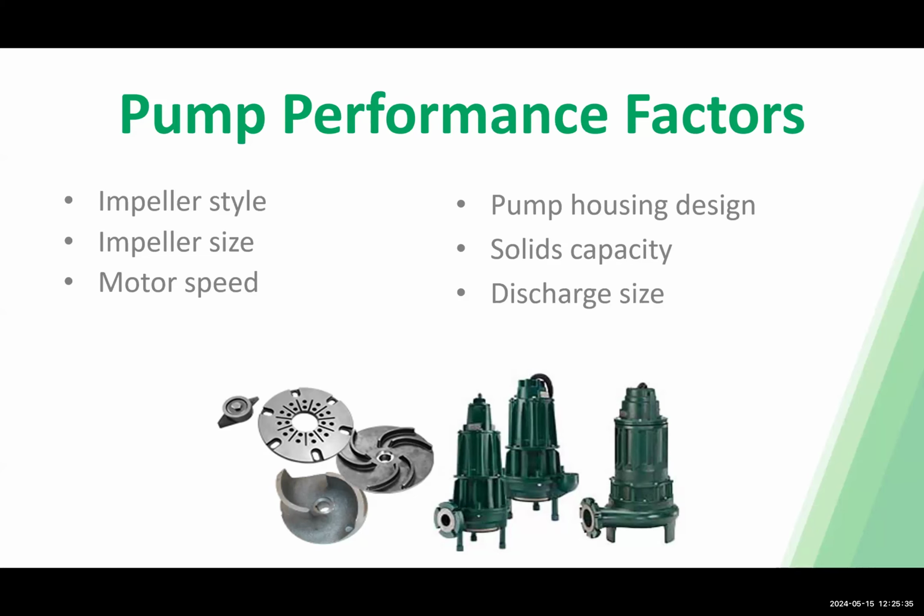And that's going to affect pump performance as well, because that faster speed means that you're pumping a whole lot more water. Your pump housing design is also going to affect it, mainly where that water is moving through the housing itself, as well as the solids handling capacity and the discharge size of that pump. All of these things are taken into account when a new pump is being designed and tested.